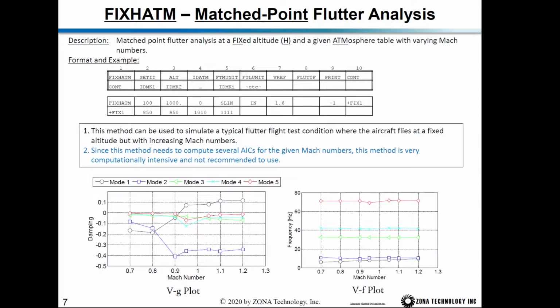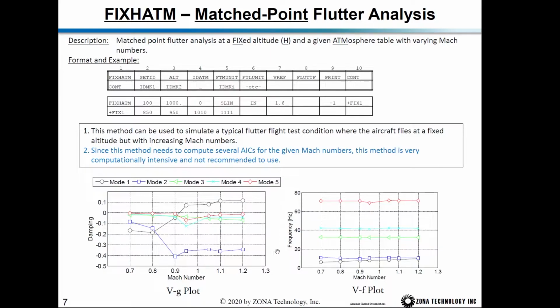In this card, you can add a second order transfer function into the Flutter equation, and then you list out a set of MK Aero cards. For example, the first MK Aero card is at Mach 0.7, 0.8, 0.9, 0.95, 1.05, 1.1, and 1.2.